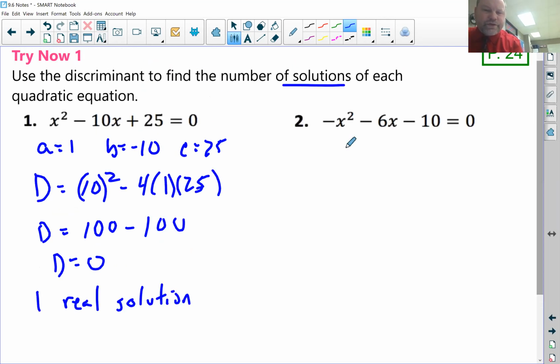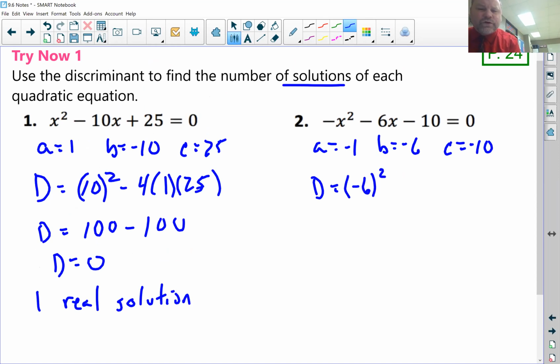Example 2, A is negative 1, B is negative 6, C is negative 10. So we get negative 6 squared minus 4 times negative 1 times negative 10. Negative 6 squared is 36. Minus 4 times negative 1 is negative 4.